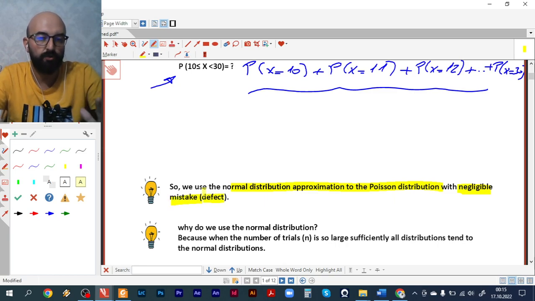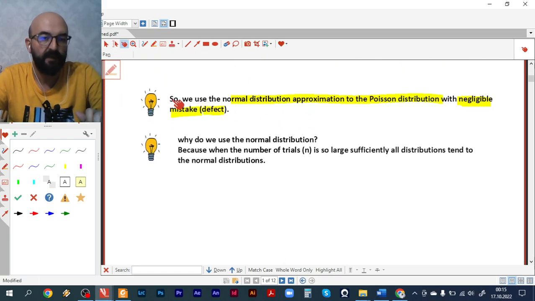We won't find the exact result, but we will find one with negligible error. So why do we use the normal distribution? Because when the number of trials n is sufficiently large, all distributions tend to the normal distribution.